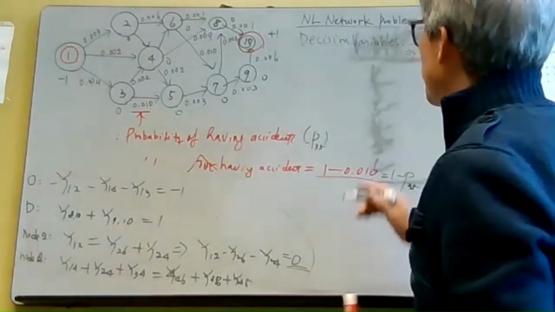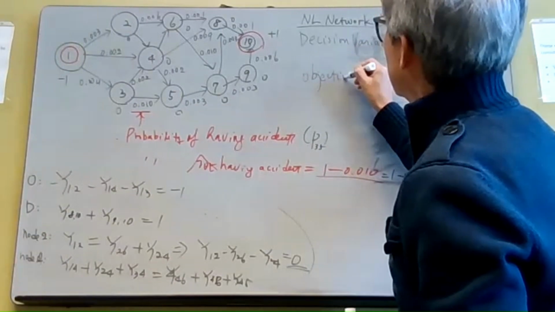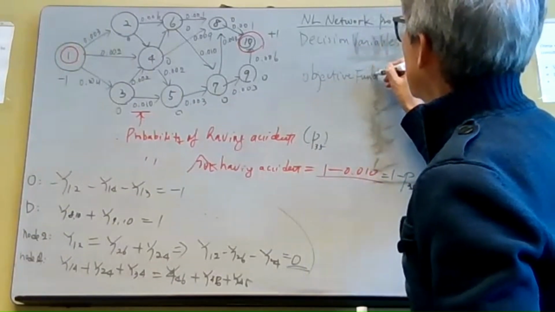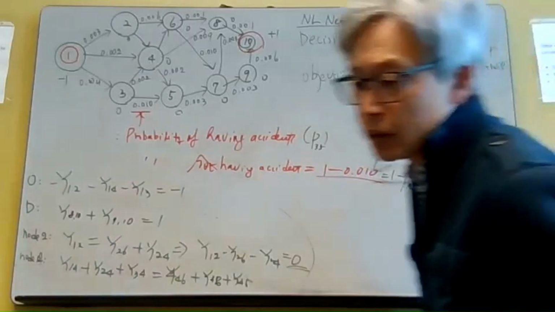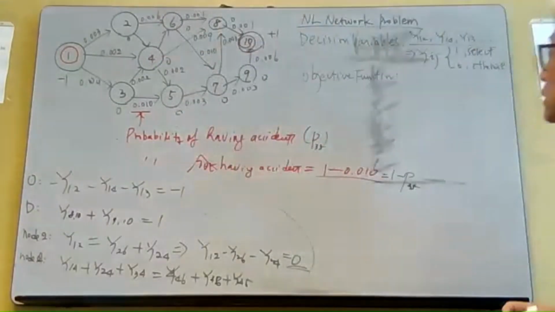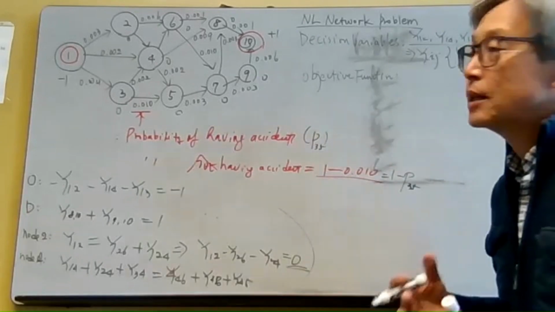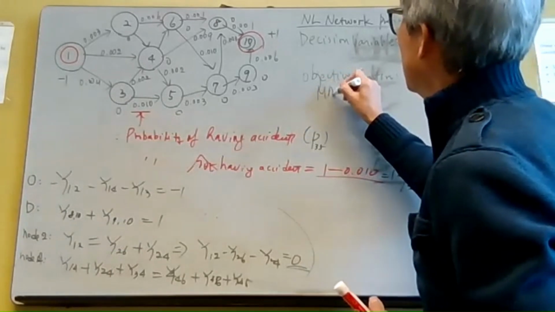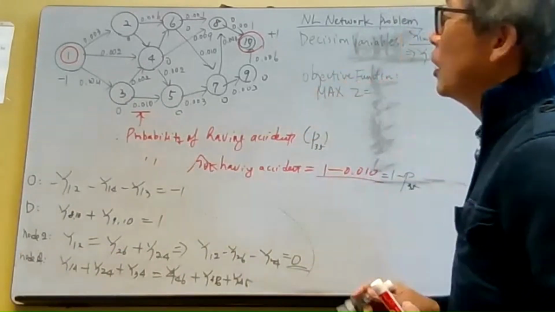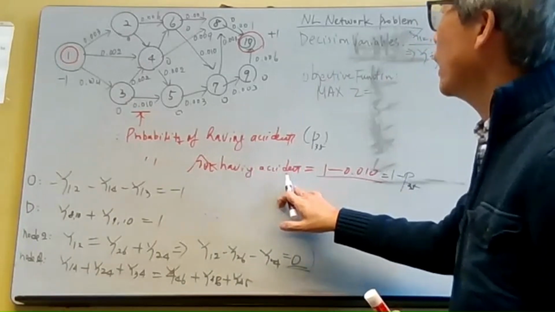So the next step is to define the objective function. The company Safety Trends wants to find the safest route. So we're going to maximize the probability of not having an accident.